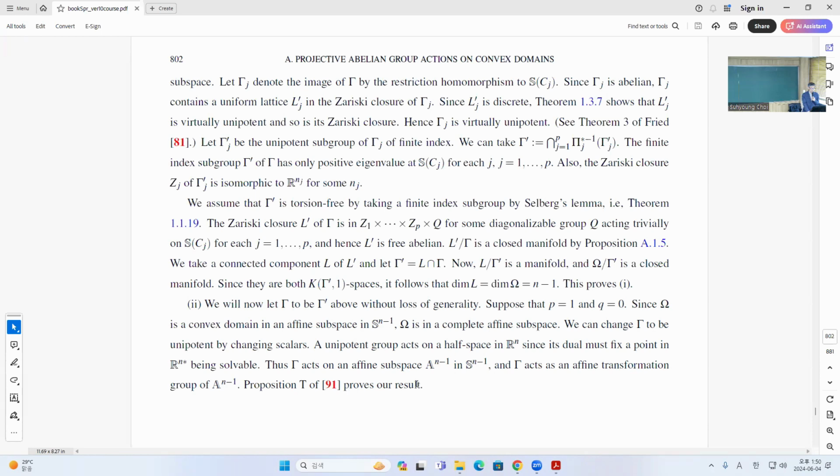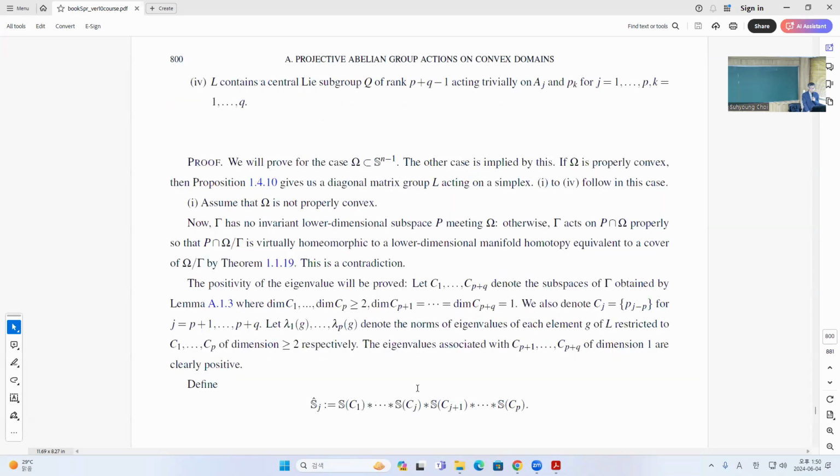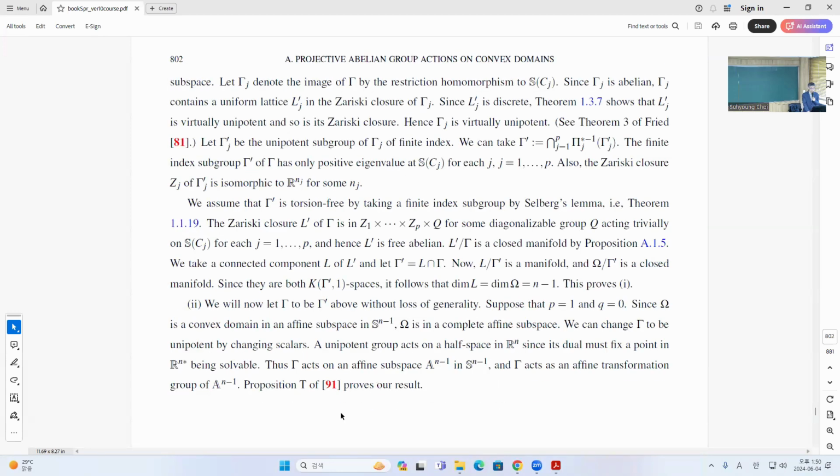And so then this acts as an affine transformation. And this is a co-compact action. So in the proposition of this, you can prove that actually this has to be special affine. Okay, so two follows from this.